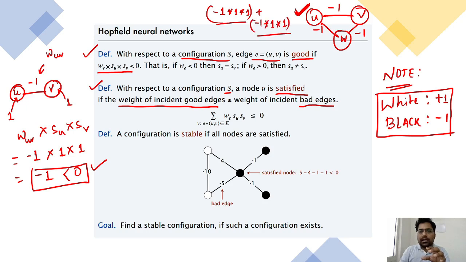So definitely we get -2 when we add both, which is less than 0. So we must say these are two good edges towards U. Clear? This is what we expect as our value, -2, after combining, which is less than 0. So these are two good edges for us.